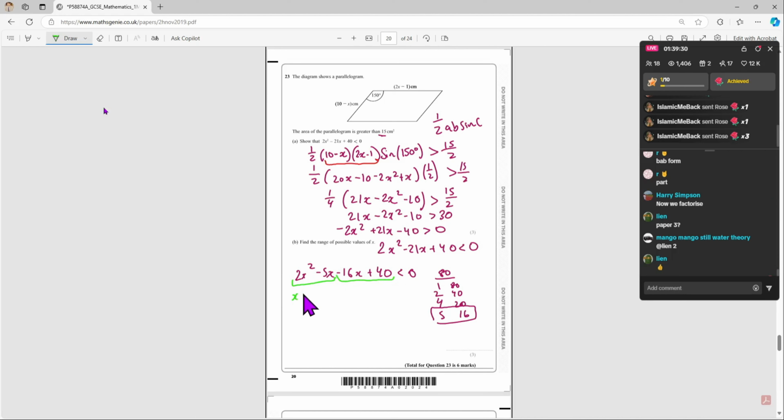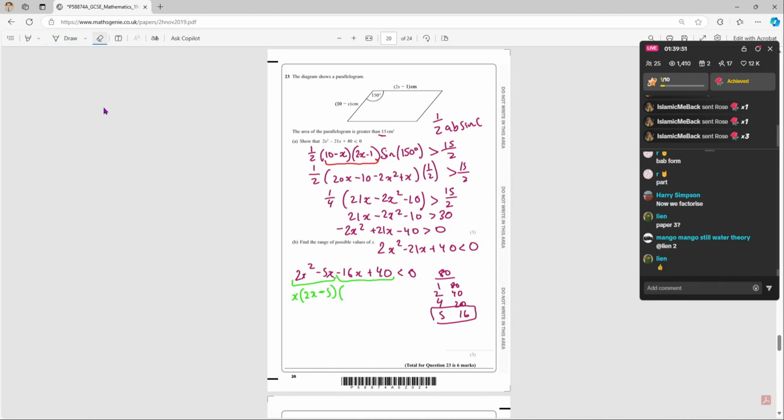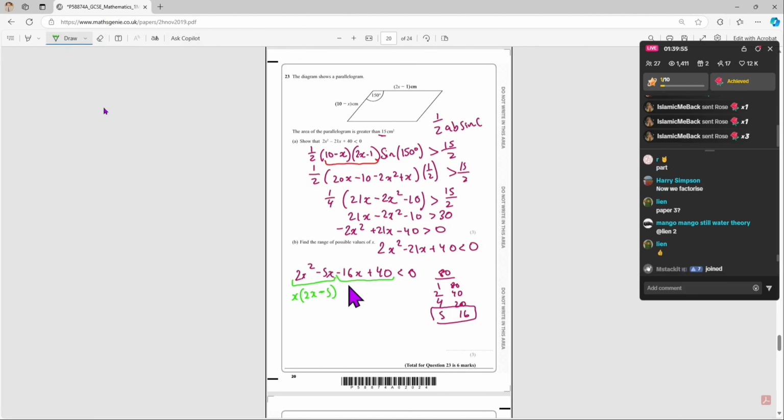When you take out the x, you're going to get 2x minus 5. And then you'll factorize the other one because you're going to factorize out the negative 16. So let me factorize this out. Factorize the negative 16 to get x minus 5.